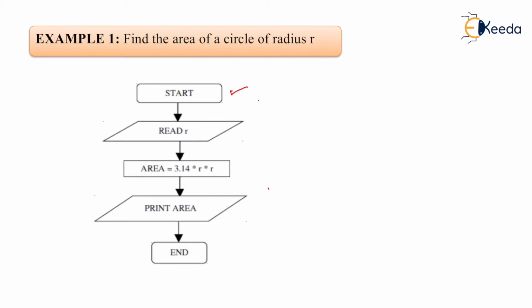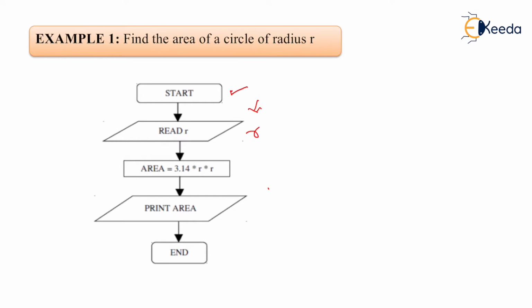Then we are showing the downward arrow or the flow line. That means we are going to the downside of your program. Then we are showing the slant box, or we can say it is the input output box. So this box is taking the input as R.